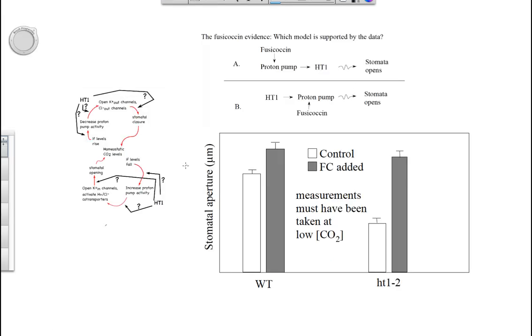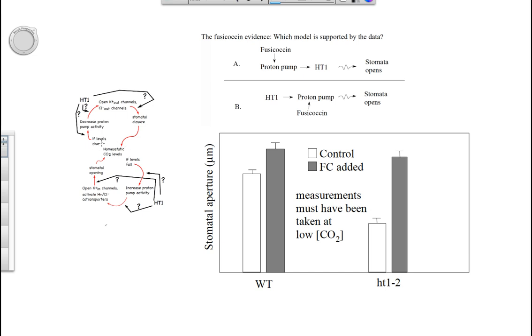The next set of experiments that the Serna team carried out were designed to reveal where in the regulatory pathway HT1 functions. Remember that when there is a reason to close stomata, now I've given you abscisic acid levels as something that closes stomata, but we can see too from this set of experiments that when carbon dioxide levels rise, stomata need to be closed.